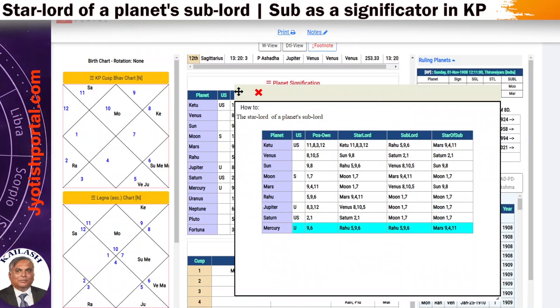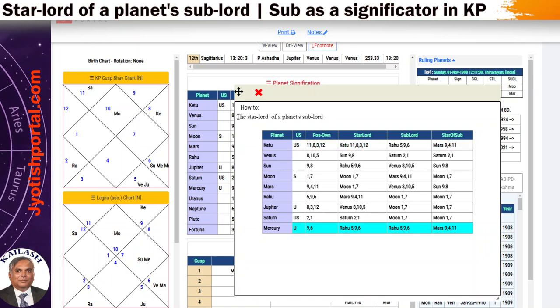I've copied this planet signification table in our notepad, and now I'm going to show you how the last column value is populated.